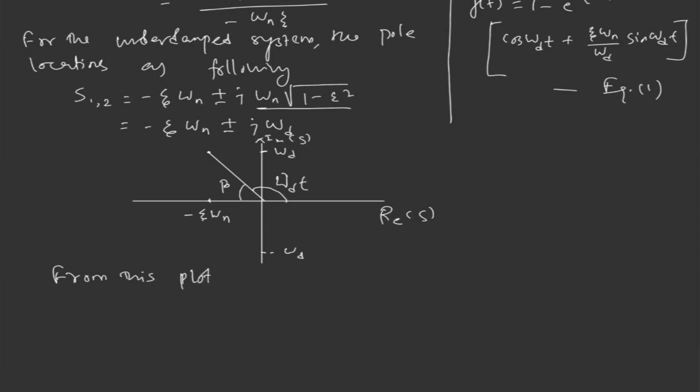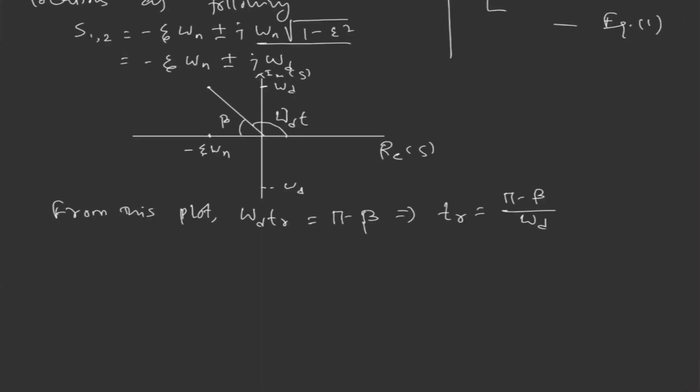And from this plot, we can write omega d tr equal to pi minus beta. Or from this we can write tr equal to pi minus beta divided by omega d.